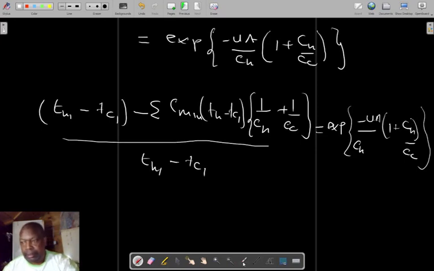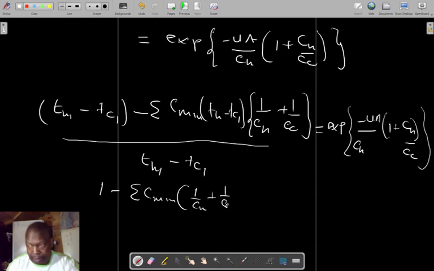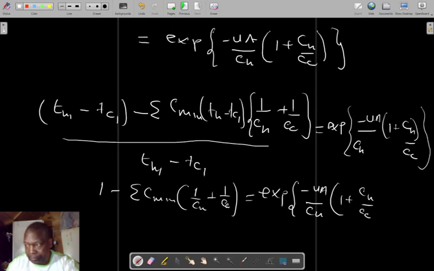As you can see, that cancels out with that and that, so we're left with 1 minus C minimum (1/CH + 1/CC) is equal to -UA over CH (1 + CH/CC), something like that.